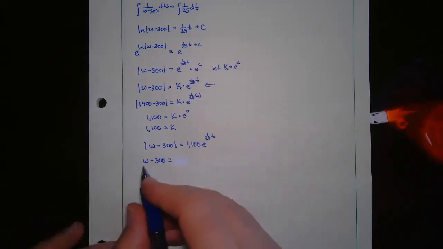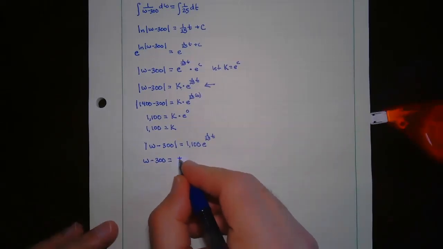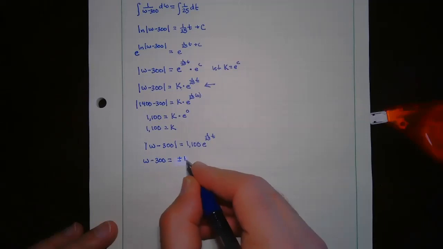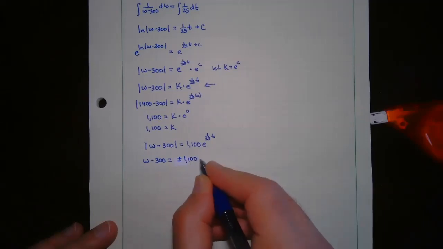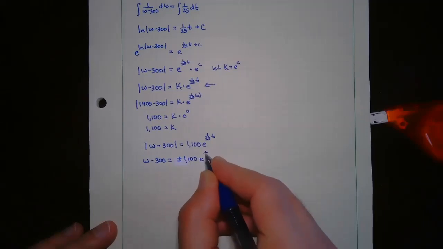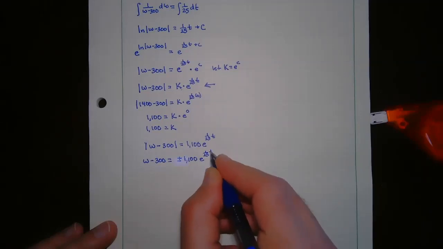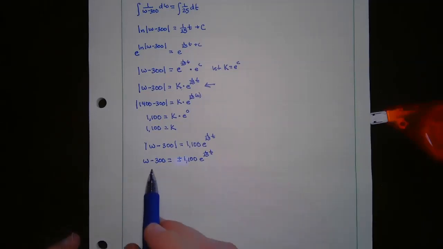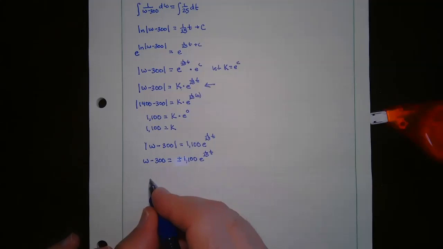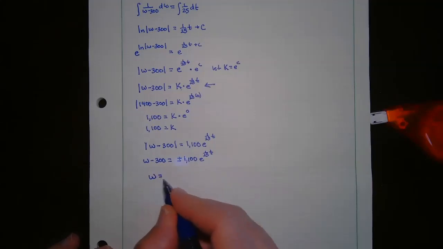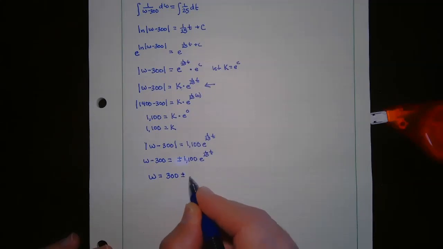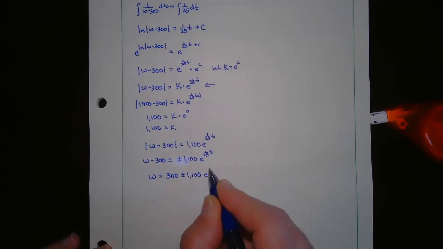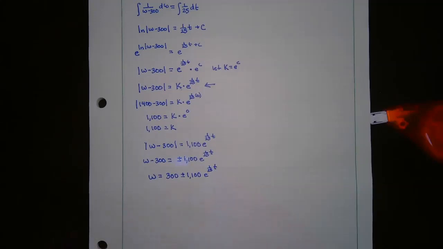So W minus 300 is equal to positive or negative 1100 e to the 1 over 25 t, okay? And so I'm going to move the 300 over. So W is equal to 300 plus or minus 1100 e to the 1 over 25 t, okay?